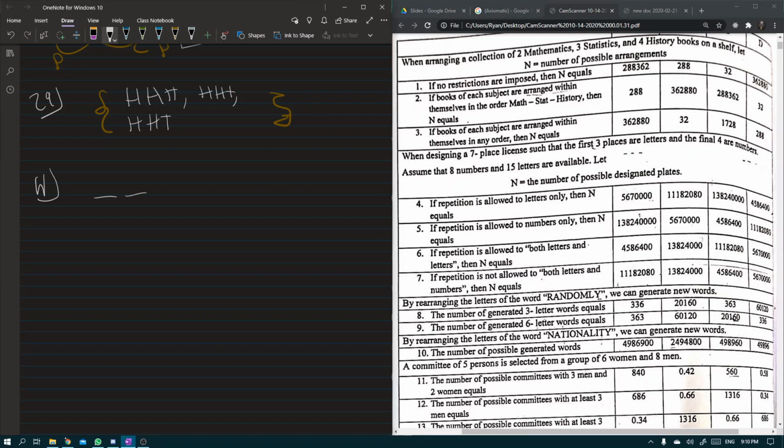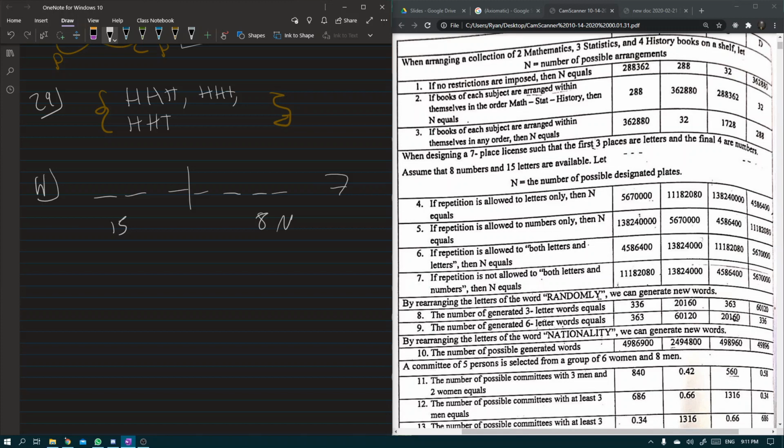Now there are 7 places. Let me just read the question. The first 3 places are letters, the final 4 are numbers, and there are 7 in total. And there are 8 numbers in total, and 15 letters. And n is the number of plates that are possible.